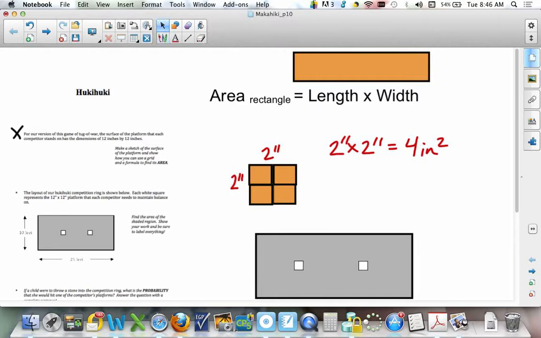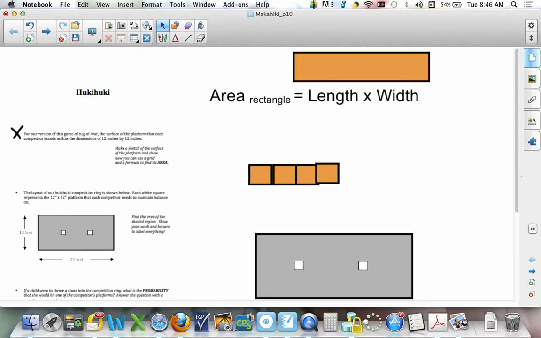Let's change around this grid so it looks a little different and see if we get the same pattern. Even if you move this up here, it's still a rectangle. Now I have 1 inch, and then this distance here is going to be 4 inches.